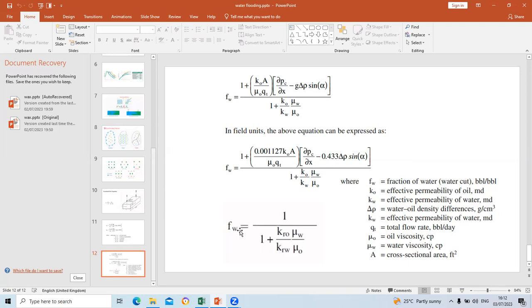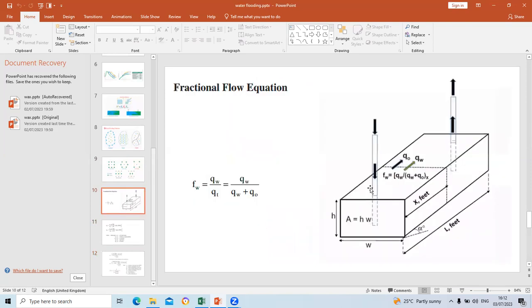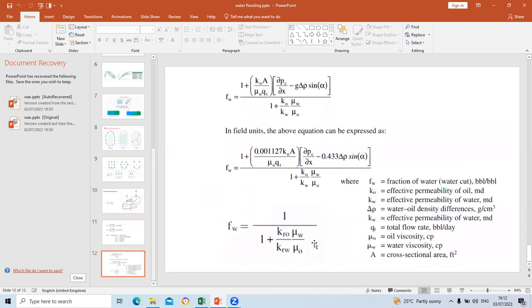Water breakthrough simply means that part of the injected water is now produced at the producer. Once we start seeing signs of injected water at the producer, that is what we call water breakthrough.